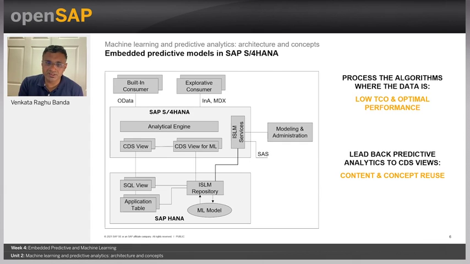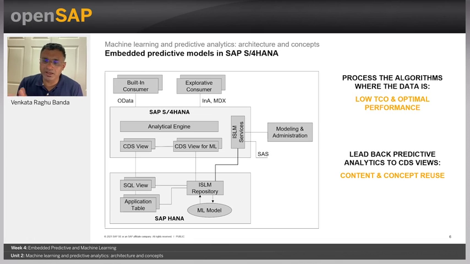And based on these SQL views, you build a CDS view for a particular ML scenario. And then you have your analytical engine, which is sitting on top of that. And this is your SAP S4HANA application. And your ISLM services leverage the ISLM repository and then pull the ML model and make sure that it is available in the CDS view.